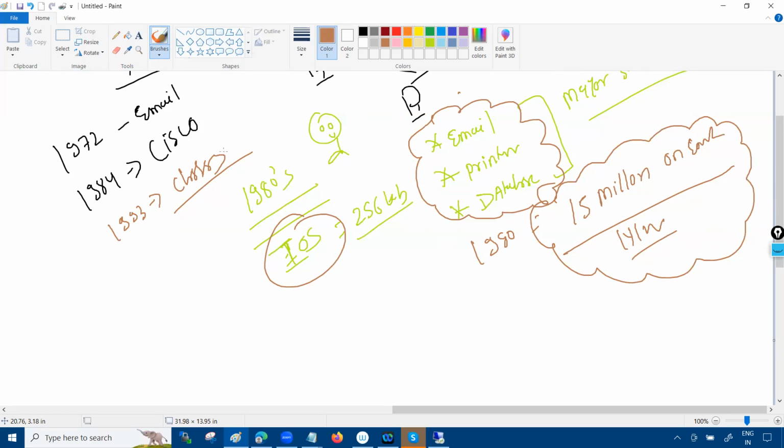In 1995 or 1996, I think so, they came with the concept called RFC 1918, the private IP addresses range. See how, gradually, at that time, the internet was increasing.